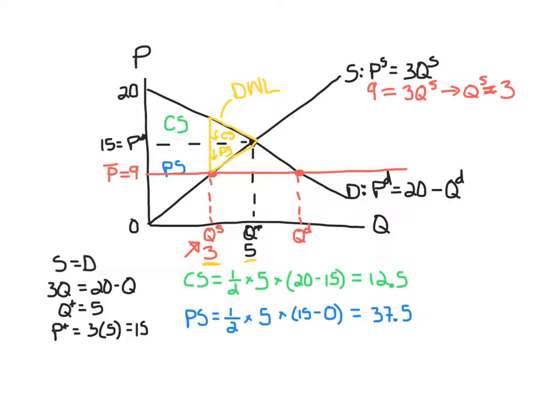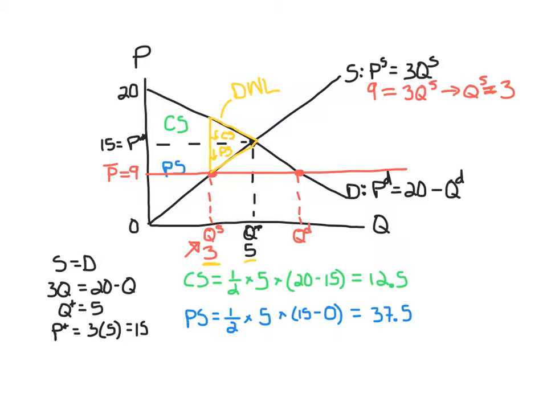However, some of our consumers, the ones who still get to buy the product, right? So not these consumers that no longer get to buy the product, but these, they're actually better off, because before they were paying $15 for the product and now they're only paying $9. Right, so basically this rectangle here represents the gain to consumers. That's a gain in consumer surplus.